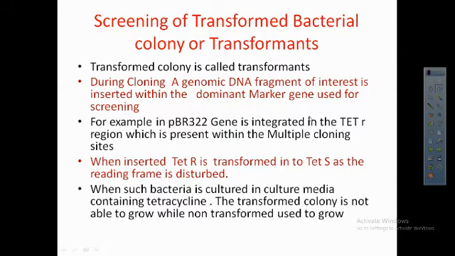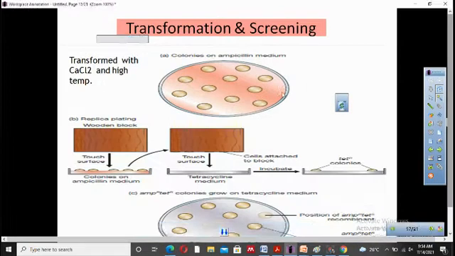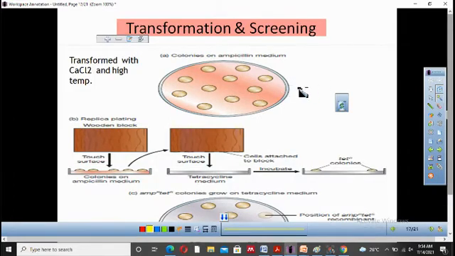So how to screen? Screening is a process to differentiate whether the DNA has integrated or not. We can conduct one experiment: you grow a colony in the culture medium.